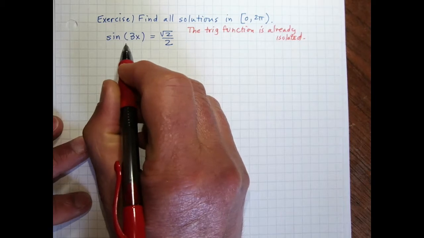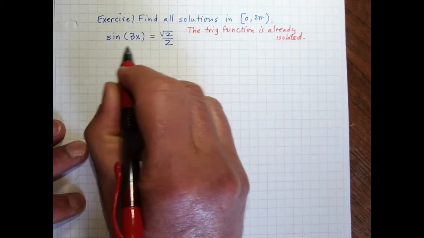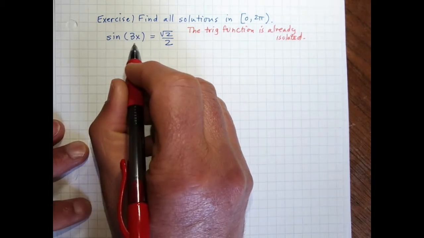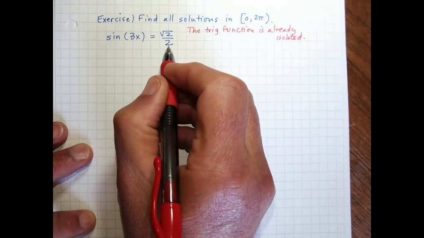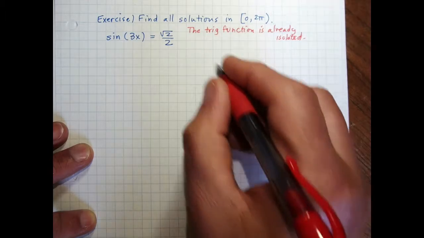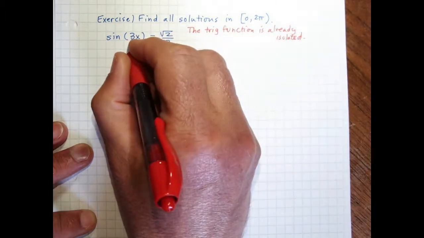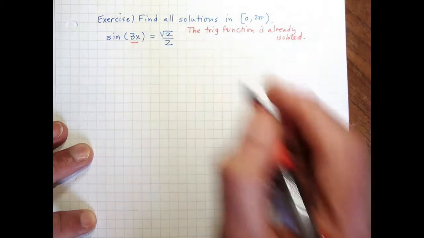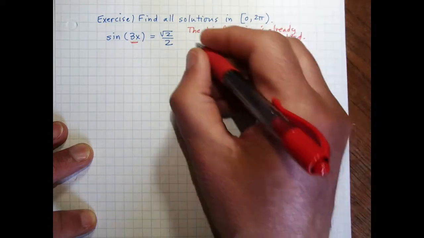So once the trig function is isolated, we're ready to think about what are some angles whose sine is square root of 2 over 2? And I think we know some of those. But what's new is, see how we have this expression 3x inside parentheses?